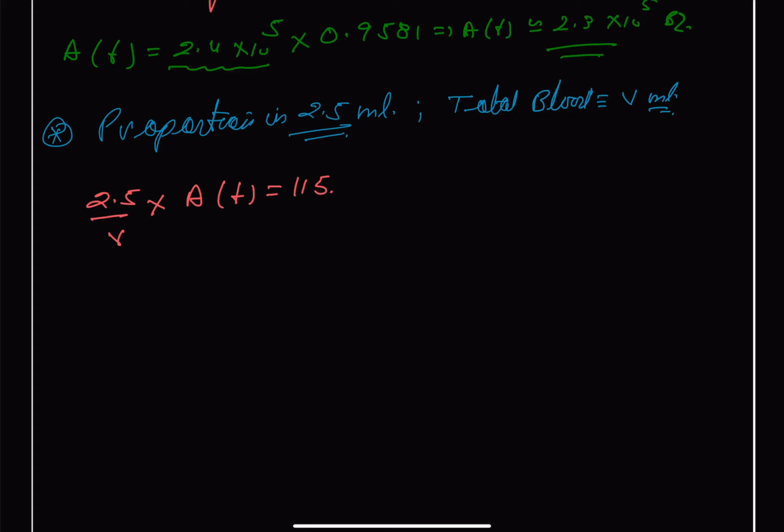We know all these values and are interested in V. So V will be equal to 2.5 multiplied by A of t, that is 2.3 into 10 to the power 5, divided by 115.